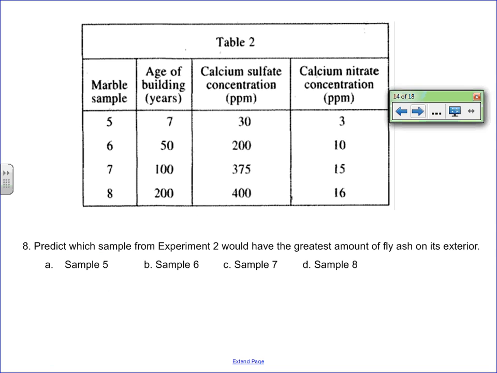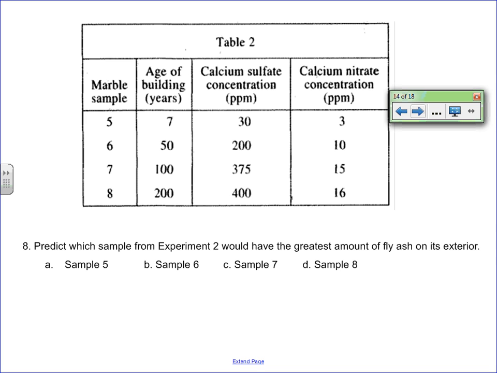All right, let's take a look at number 8. Predict which sample from 2 would have the greatest amount of fly ash on its exterior. Now, here's an exciting bit of information. We haven't really talked about fly ash at all yet. All right, what is fly ash? Pollution. All right, where's all of our other pollution coming from?